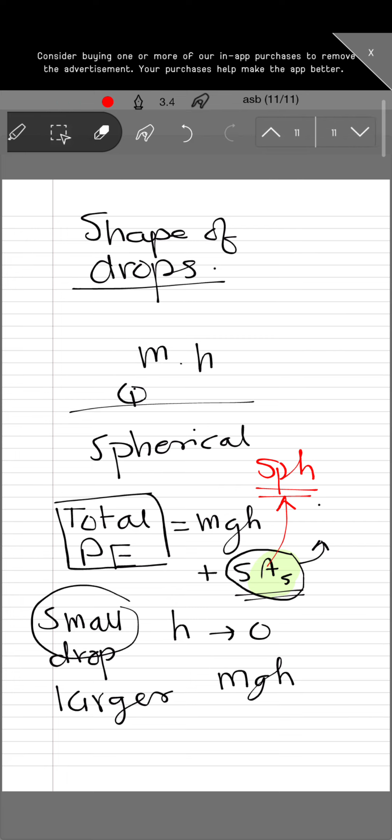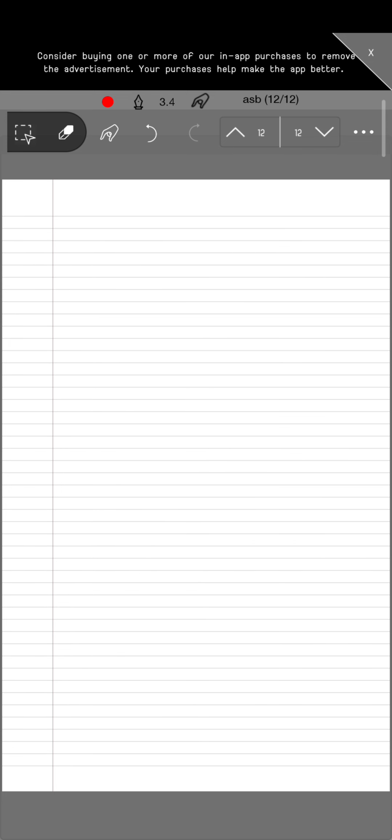Now, the second case is when you have two different fluids. So this is the first fluid, which is of a larger dimension, and above which a very small fluid has been placed.